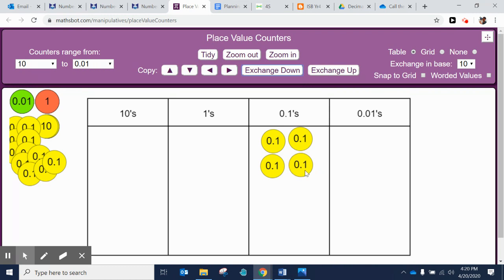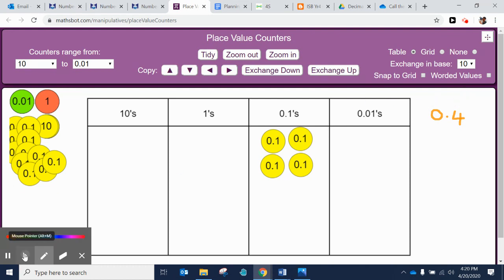Can you think what number this might be? I've got 4 tenths, no whole ones, got no hundredth. So this number would be 0.4 because the 4 is in my tenths column.